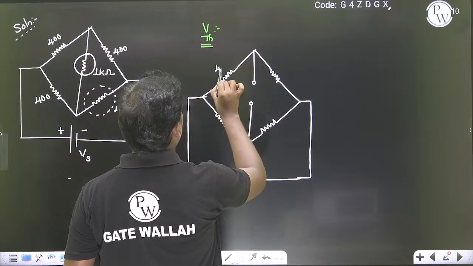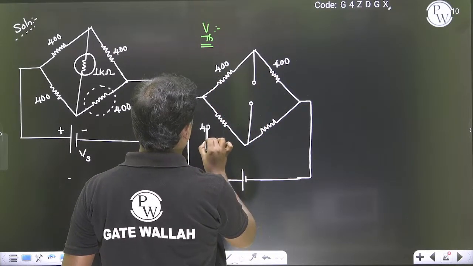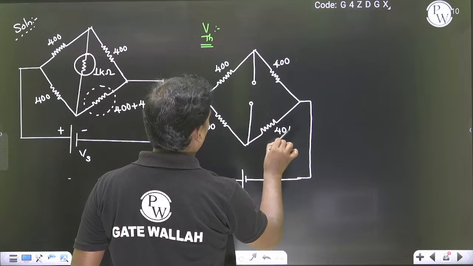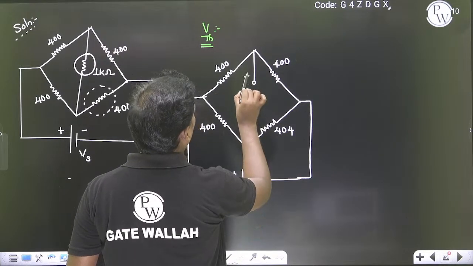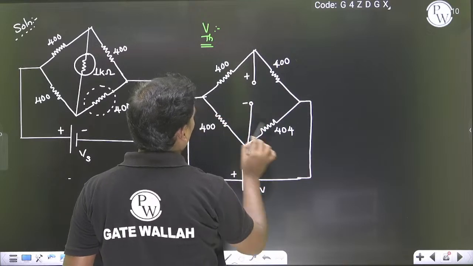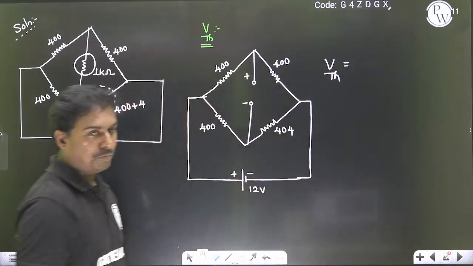This is 400, 400, 400, 404. This is supply voltage 12 volts. So now V Thevenin is this. So what is V Thevenin? V Thevenin is nothing but quarter bridge.